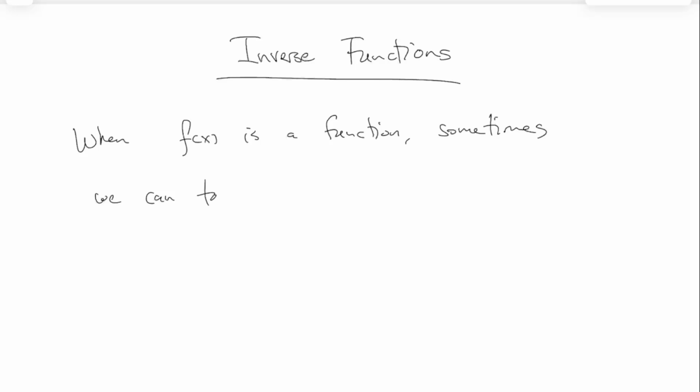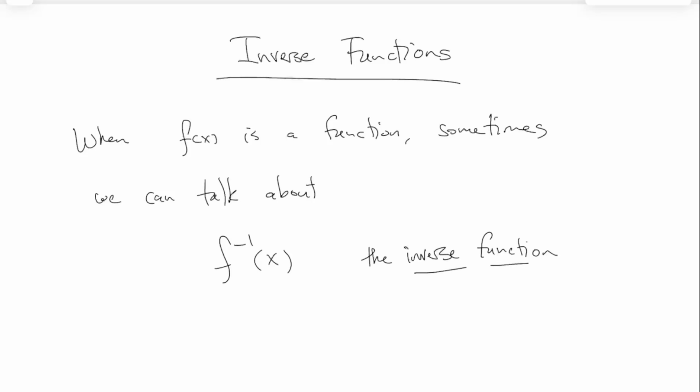We write it this way, f inverse of x, the inverse function. Right? This is something that's slightly confusing. Maybe this little -1 up here does not mean 1 over.